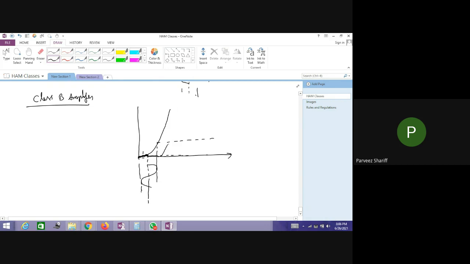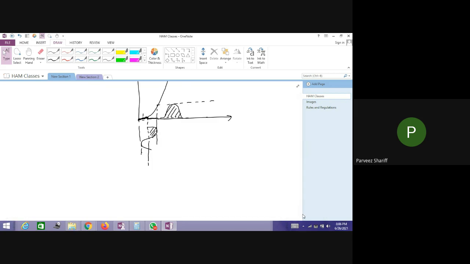So what I get across the output is only this portion. So only half of the wave I am getting across the output. If we get an output like this from an amplifier, it is called the class B amplifier, exactly the half peak.